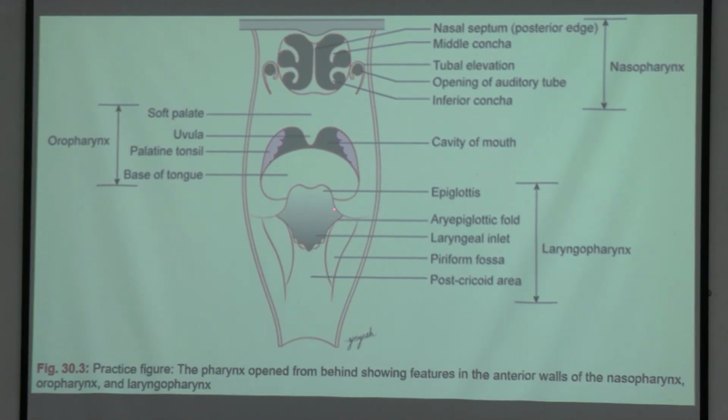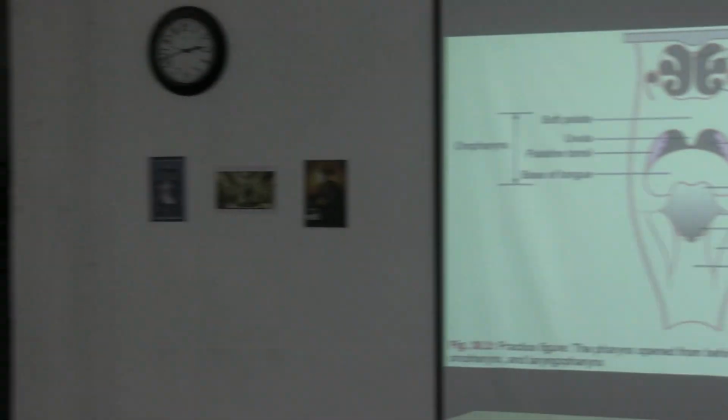Okay, and there are so many folds. One fold from the epiglottis to the arytenoid cartilage, the aryepiglottic fold, which virtually comes closer during deglutition, and it shuts down the inlet of the larynx.